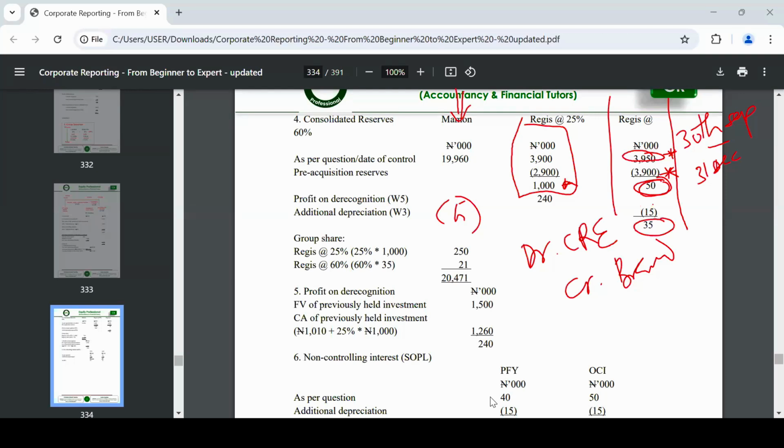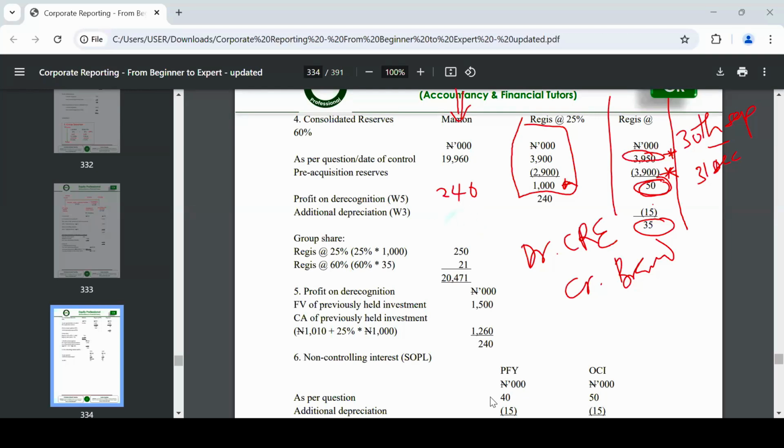All right. And then this, what is it called? 240. I think this is a mistake. This one should be here. This 40 belongs solely to the parent. It belongs solely to Mammon. All right.